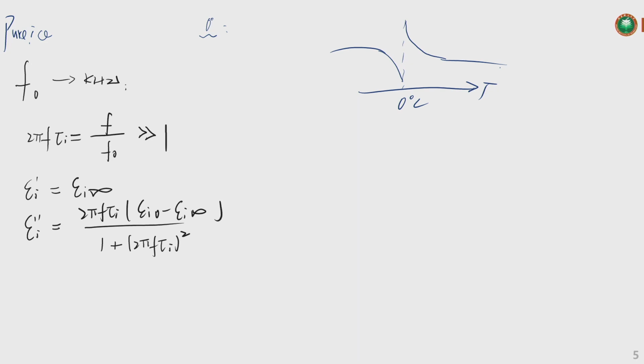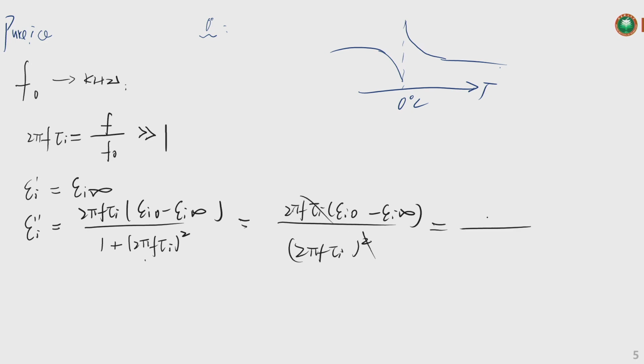This part is much larger than 1, so it equals epsilon i node minus epsilon i infinity divided by 2 pi f tau i.